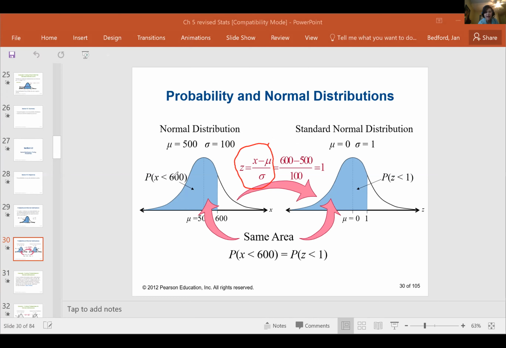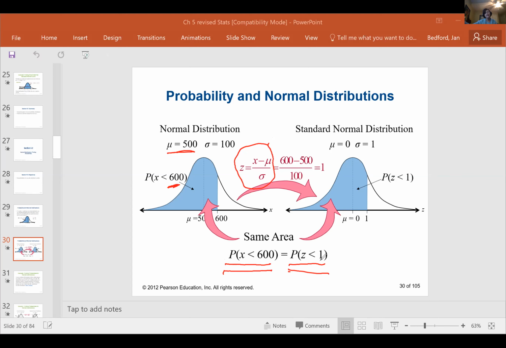So our X value came from here. The mean is something we were given, and then you divide by the standard deviation. So 600 minus 500 is 100, and 100 divided by 100 is 1. That just turned this probability that used an X value into something that's been standardized that uses a Z value.